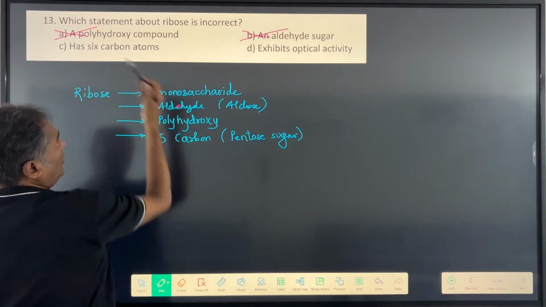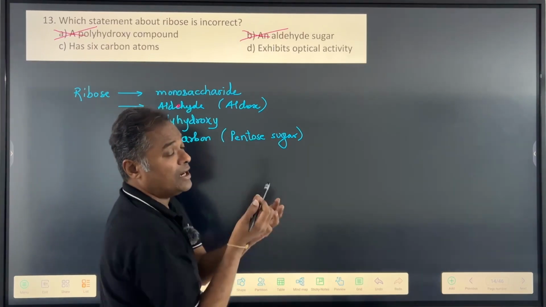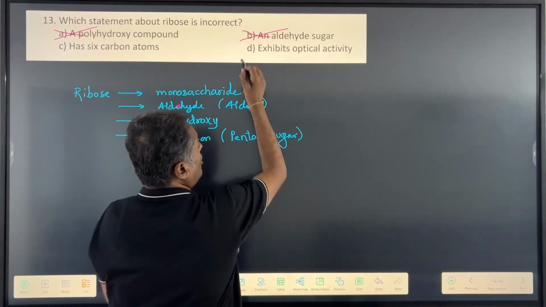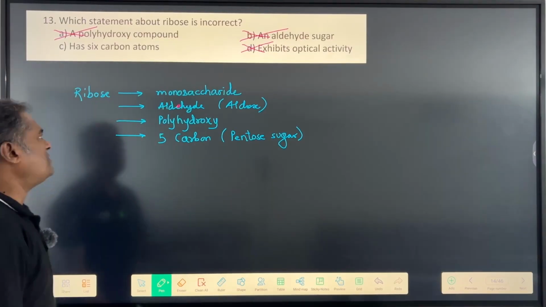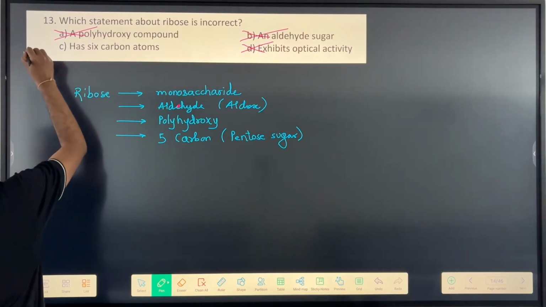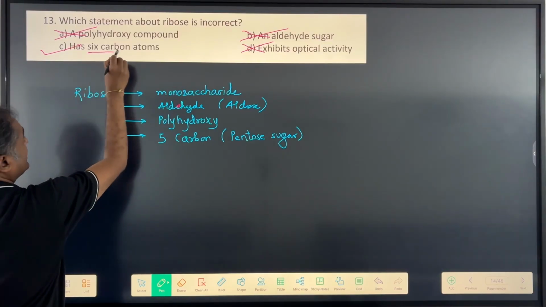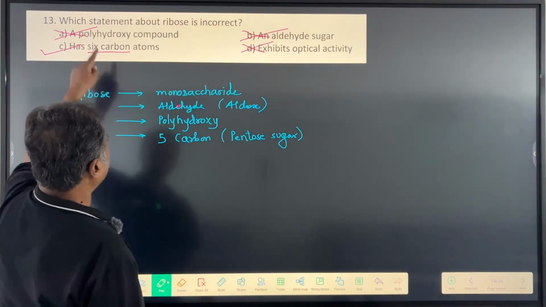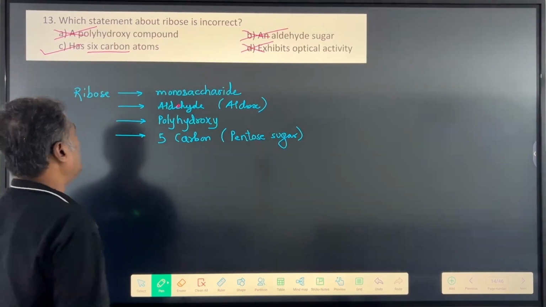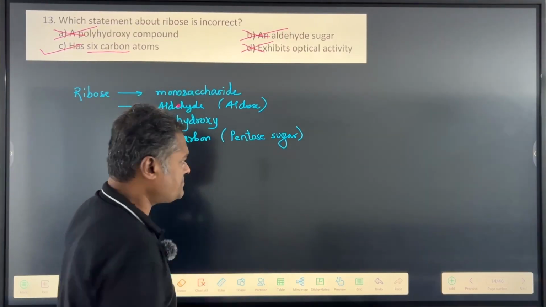Carbohydrates are, by definition, optically active compounds. They are optically active, so this cannot be the answer. Only one answer, option C, is the correct answer, because ribose sugar contains 5 carbons and not 6. So this is an incorrect statement. So the correct option for this MCQ is C.